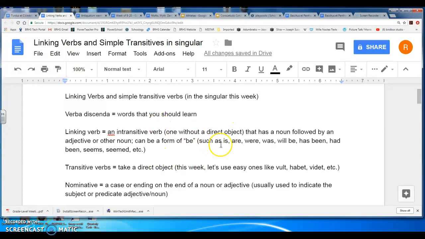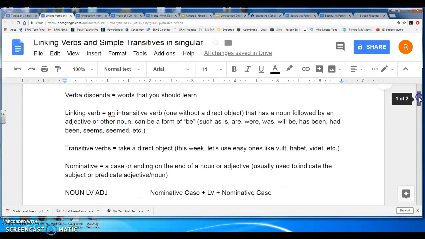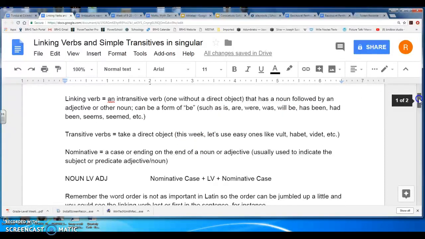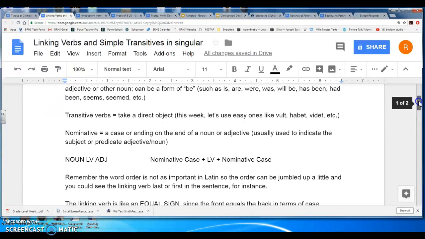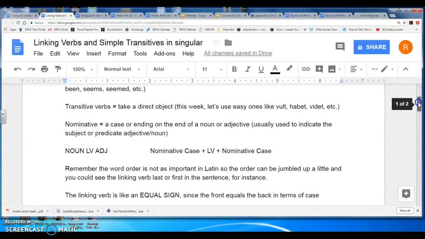That's a common structure. A linking verb for all intents and purposes is any form of the verb to be, or something that you can substitute in there like seems or becomes. Those are also examples of linking verbs. Just remember, whenever you see one of those linking verbs, it takes nominative after it, not accusative.